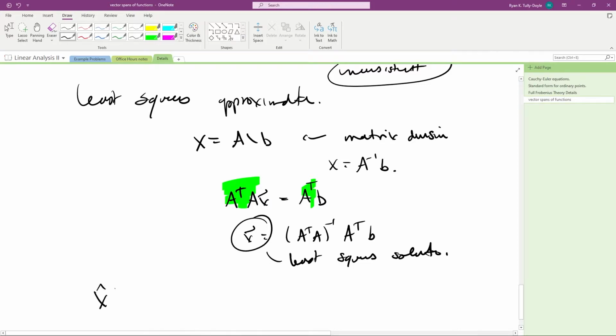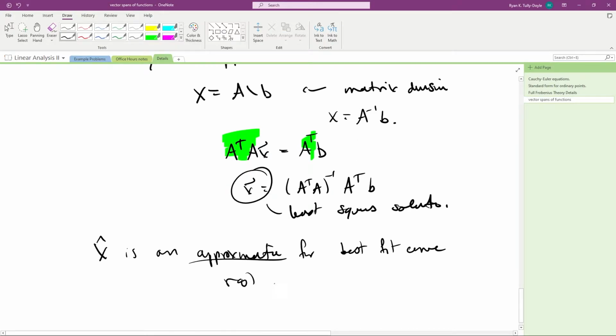So x hat is an approximation for the best fit line, or best fit curve, restricted to lines. Now, if I restricted to other functions, I would get different answers.